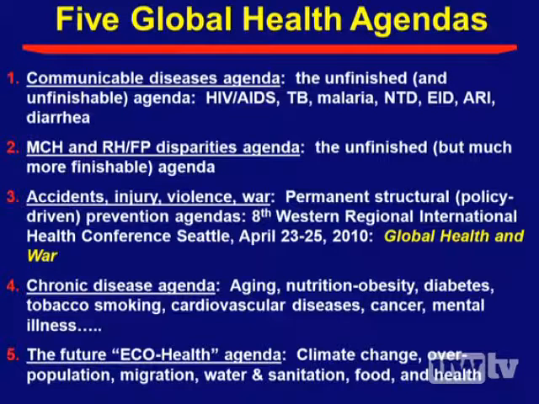First is the communicable diseases agenda, and this is sometimes called the unfinished, but we would imply more finishable agenda. I think it's really an unfinishable agenda because the bugs keep evolving faster than we do. And the priorities here are HIV/AIDS, tuberculosis, malaria, NTD, neglected tropical diseases, EID, emerging infectious diseases like SARS, ARI, acute respiratory infection, and diarrhea.